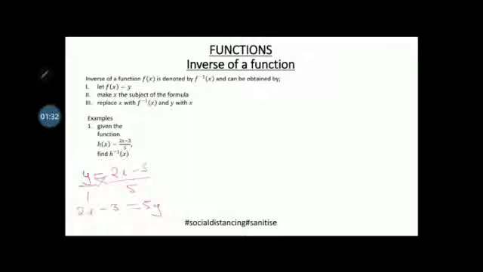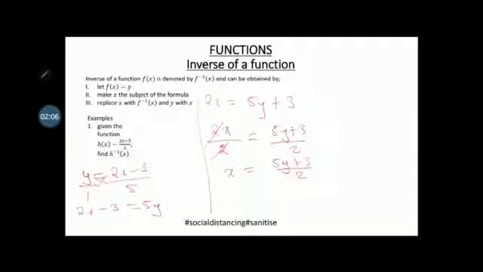What we want is to have x as the subject of the formula. So we're going to get the 3 to the other side. We're going to have 2x is equal to 5y plus 3. The sign will change as it goes to that side. So for us to get x, we divide throughout by 2. So 5y plus 3 over 2. 2 and 2 will cancel. So we have x is equal to 5y plus 3 over 2.